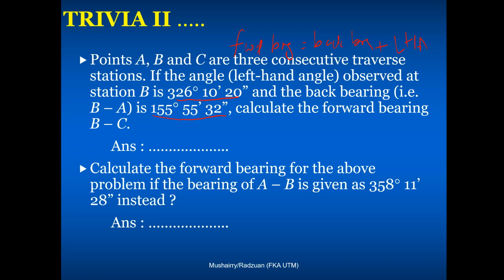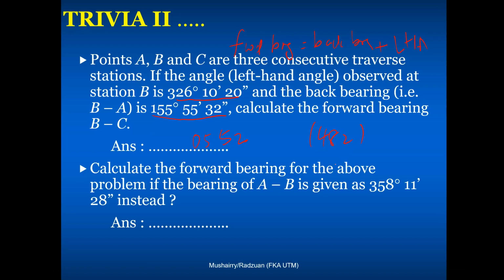So in this case it's 326°10'20" plus 155°55'32". If you add those two numbers, you will have 52 seconds. Then you have 65 minutes, which means 05 and carry one. So then you have 326 plus 155, which is 482.